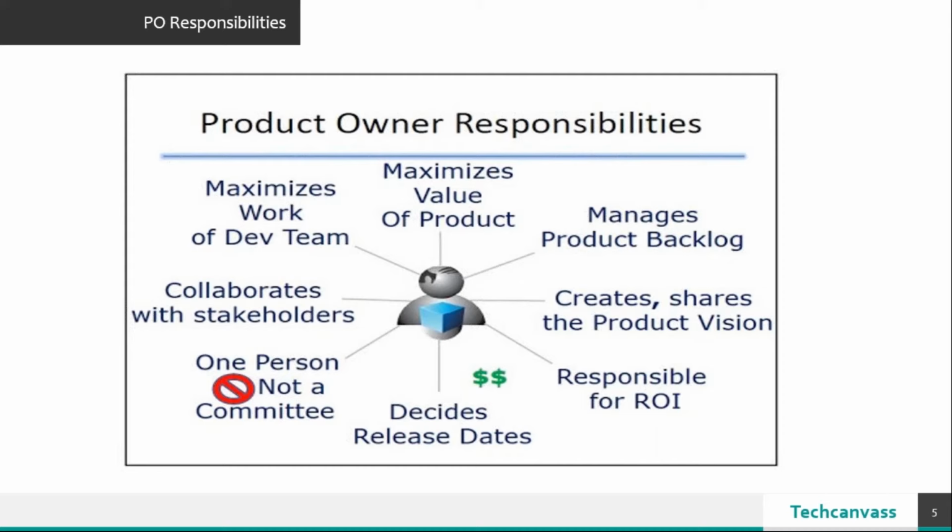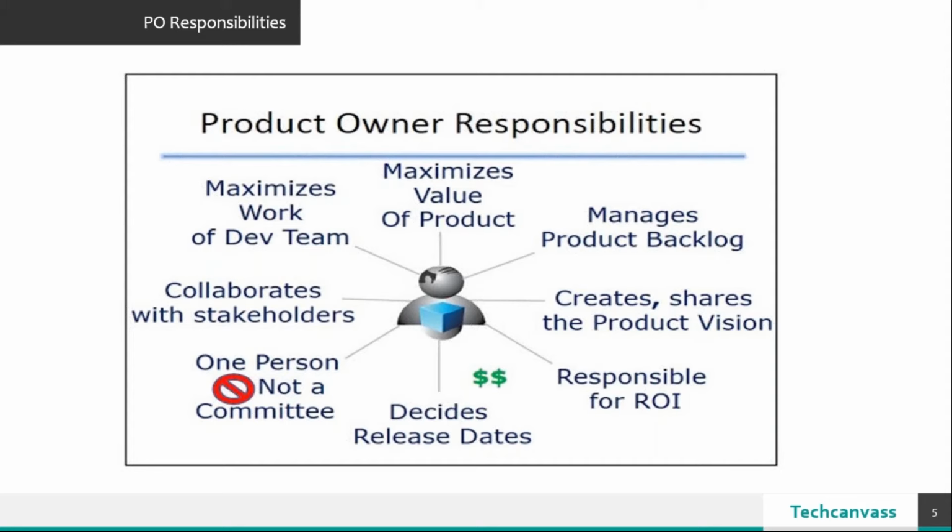Again, the product owner is responsible for the return on investment, which is the ROI, because he or she needs to clearly understand that if you're spending X amount of effort and time on one particular feature, is that feature actually worth doing, or will it actually give a lot of value eventually? So the return on investment is very important in the product owner role, because based on that, he or she will be prioritizing one feature over the other.